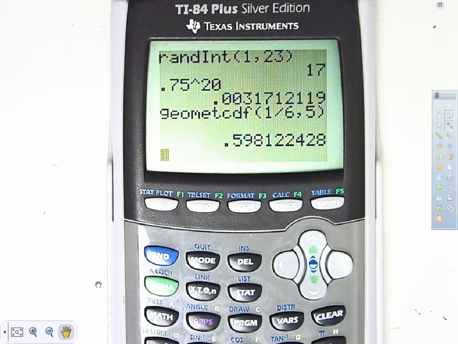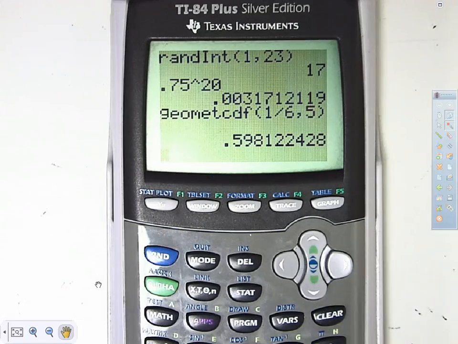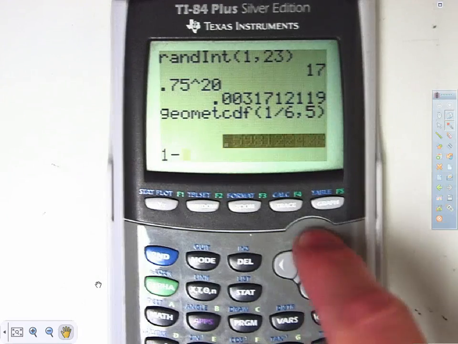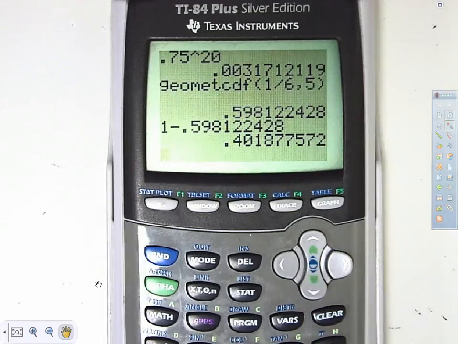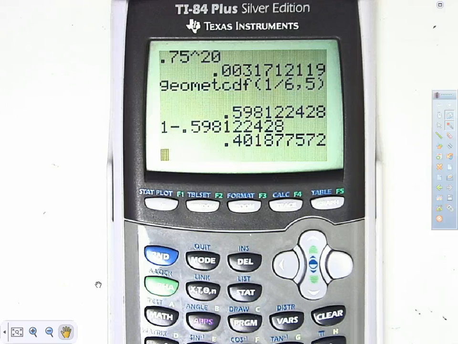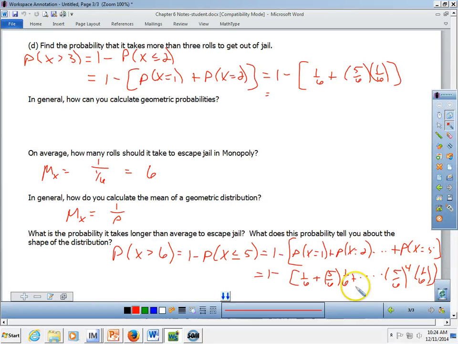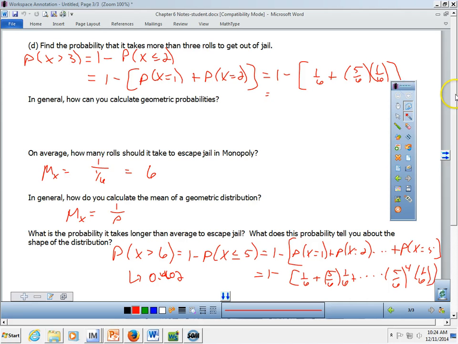We want the probability of it taking us more than 6 rolls to get a doubles. So this is the complement of what we want, so we've got to subtract from 1. And so the probability of it taking us more than the average number of rolls to get a doubles is 0.402. And that's how you use your calculator to get all your geometric probabilities.